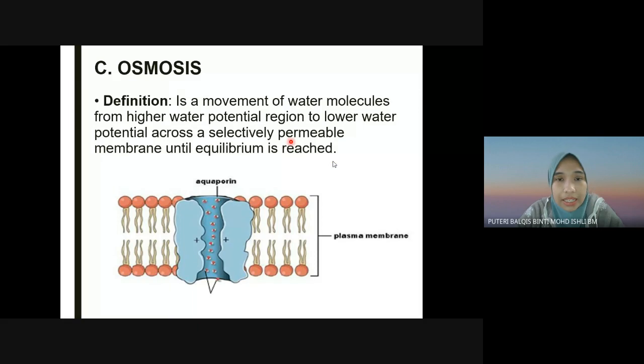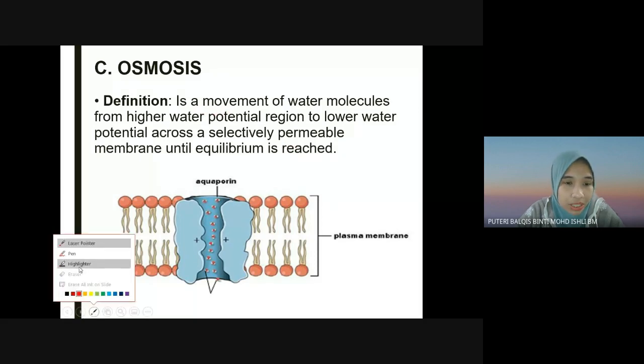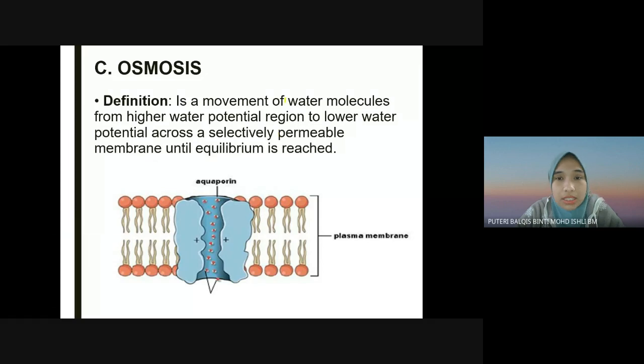Osmosis involves water molecules, movement of water molecules from higher water potential to lower water potential.